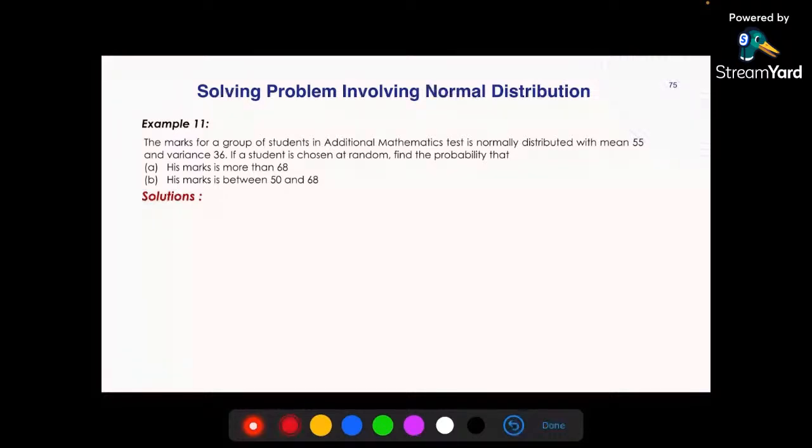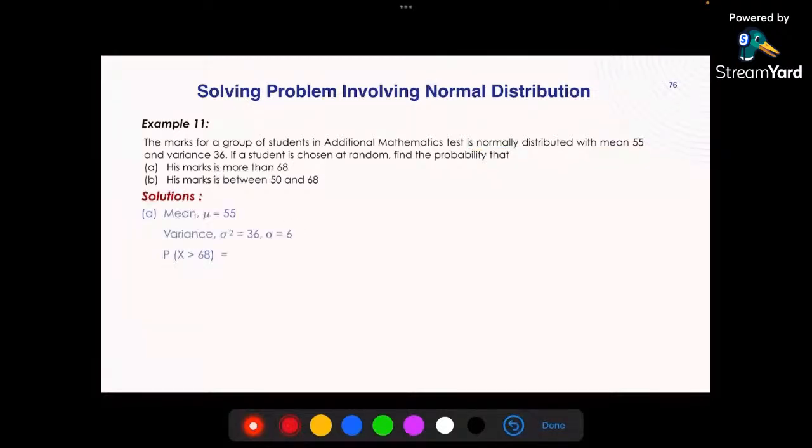So mean dia dah bagi, and then ayat dia ada perkataan normal. Memang normal lah ni kan. So mean adalah mu is equals to 55 and variance dia 36. If a student is chosen at random, find the probability that his mark more than, so more than direct lah, more than 68.